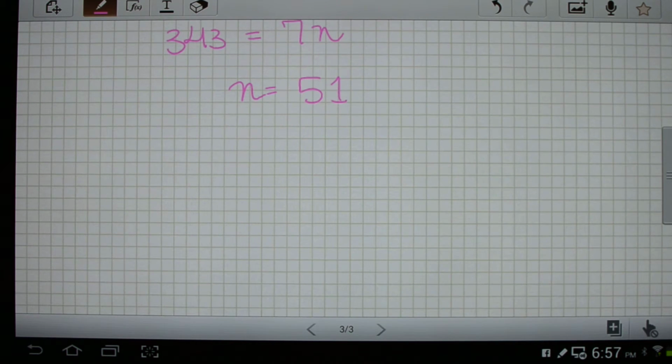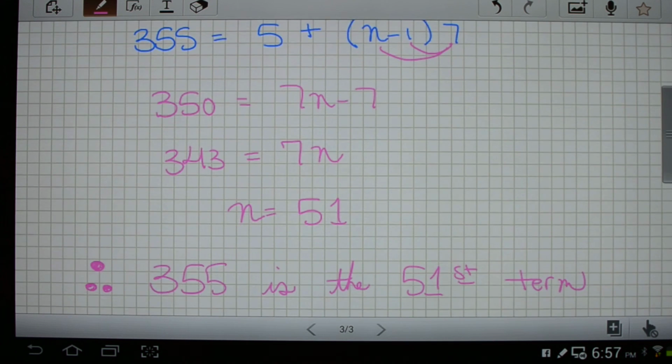Therefore, the number 355 is the 51st term. And that is it. That's all for the lesson.